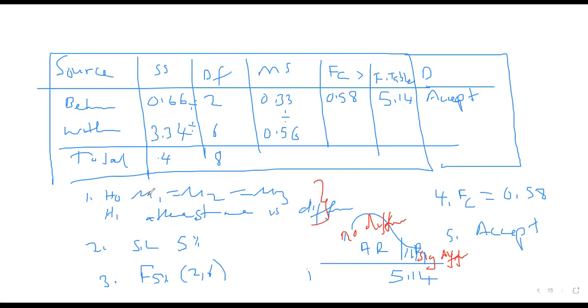So here it means mean 1, mean 2: there's no difference in these means of the treatment. When you reject H0, it means you're accepting H1. So one of them is statistically different. So here our F calculated was 0.58 against 5.14. So in this case, you can confidently say that there was no statistical difference.